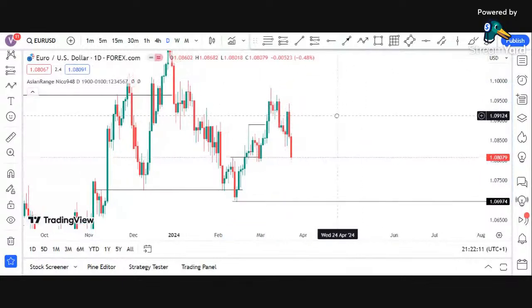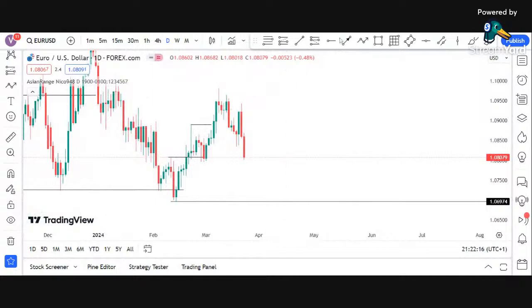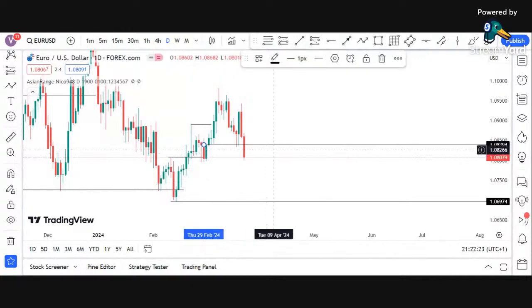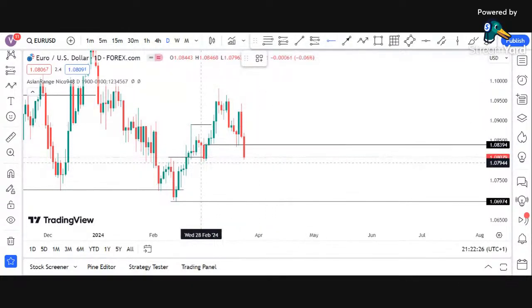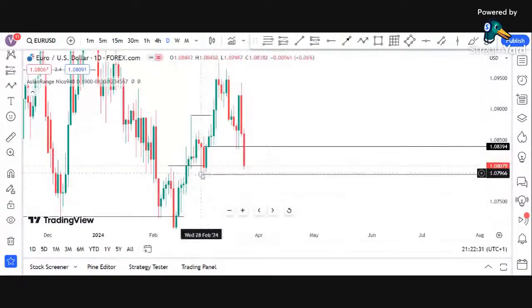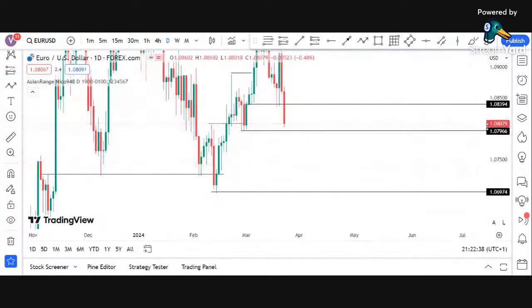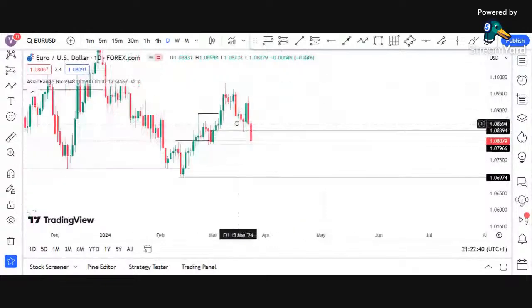So what are we currently seeing? We're currently seeing that price is in this daily order block, this block. All right, so if we see that price wants to move to the upside, we should not see that this low is taken out. Once this low is taken out, then we can see that price is giving us a push to the downside, like we can see from this point.